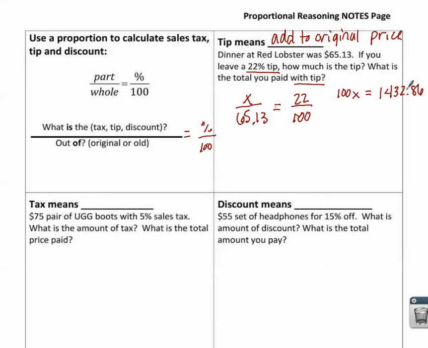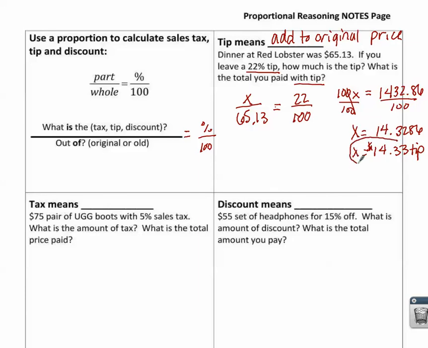1,432.86. You have your equation, so solve by dividing each side by 100, and you get x equals 14.3286. This is money, so you want to round to the nearest hundredths to get $14.33. This is how much your tip was. Okay, it wants to know not only what your tip is, but it wants to know your total that you paid.